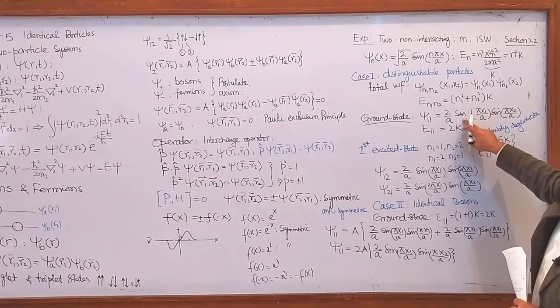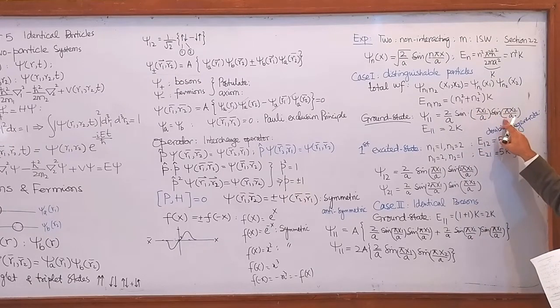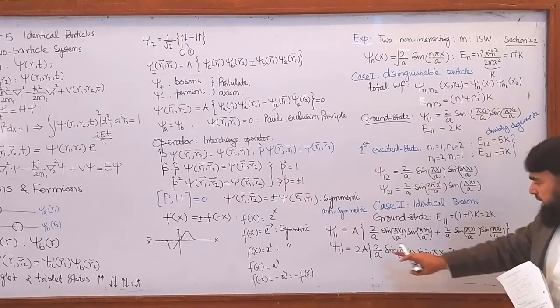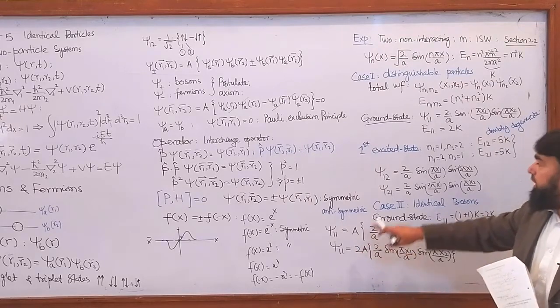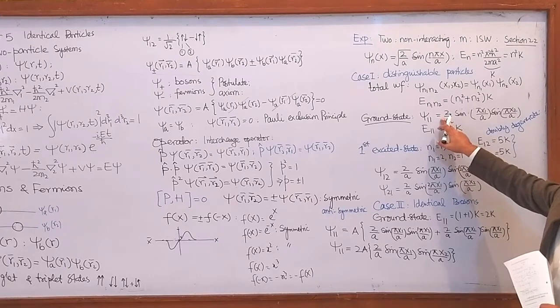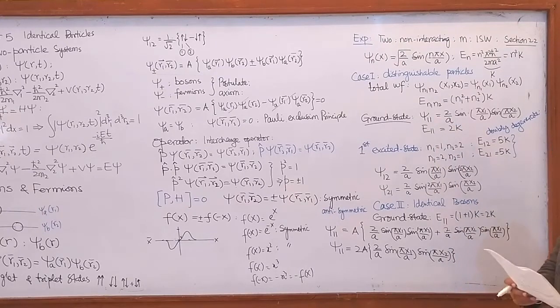Our ground state wave function is 2 over a, sine pi x1 over a, sine pi x2 over a. What's the difference between this one and this one? Here you got 2A, here you got 1. Clear? So this is the difference between this, and now we go to the first excited state.